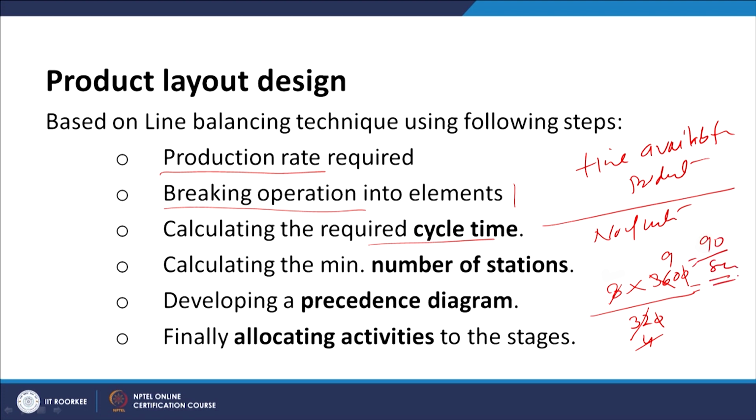So, the available time to produce divided by the number of units gives us the cycle time, the maximum time that can be allowed for production.